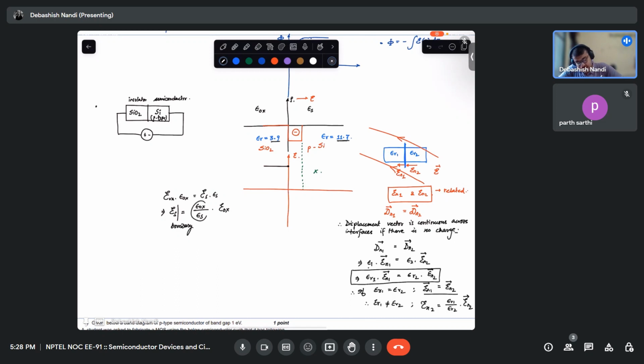So what is this quantity? This will be nothing but epsilon r ox times epsilon 0 over epsilon r S times epsilon 0 times E_ox. The epsilon zeros get cancelled, and this is 3.9 and this is 11.7, right? So one third of E_ox.